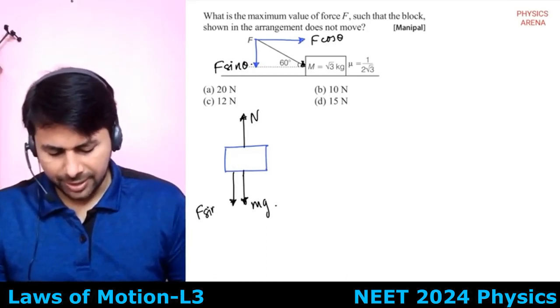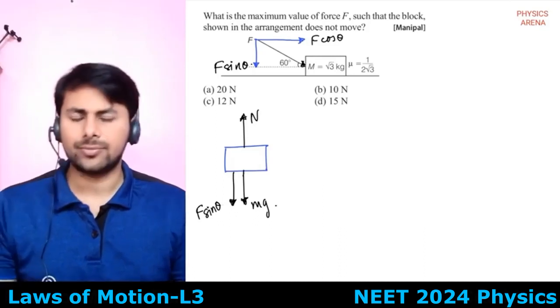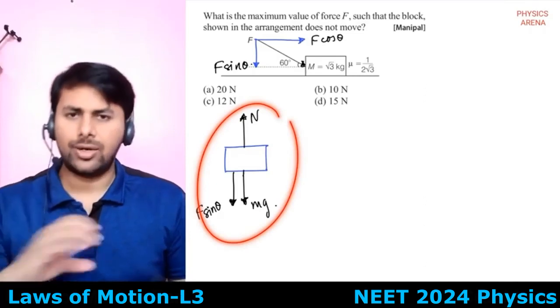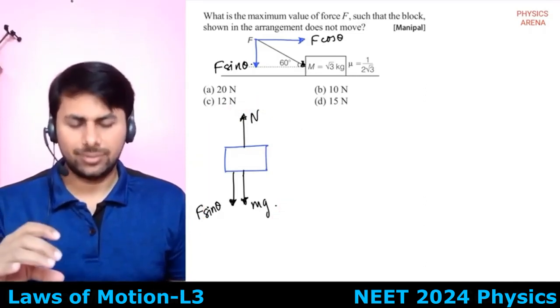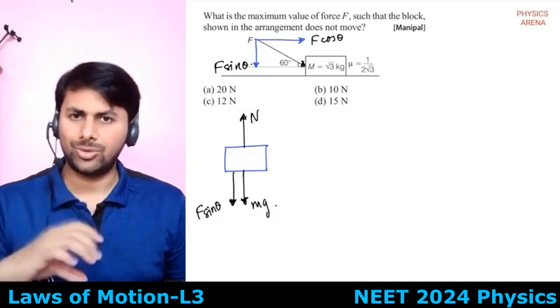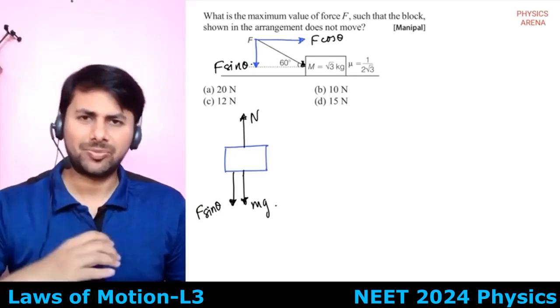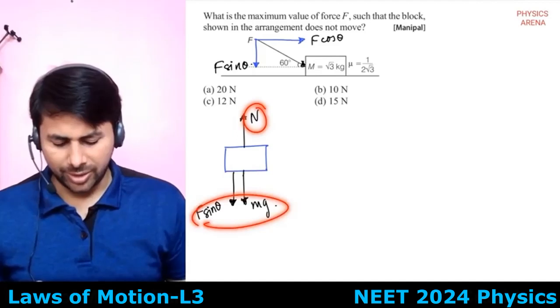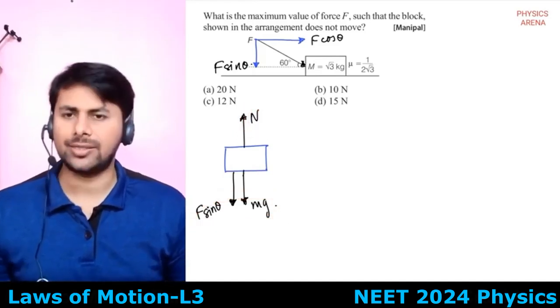How much is that? F sin theta. Now there is no acceleration in the vertical direction. This body is not flying. So this N should be equal to F sin theta plus mg.